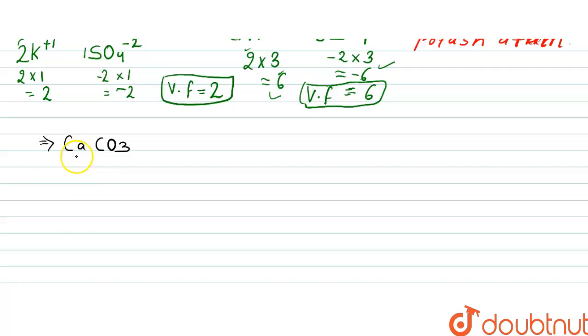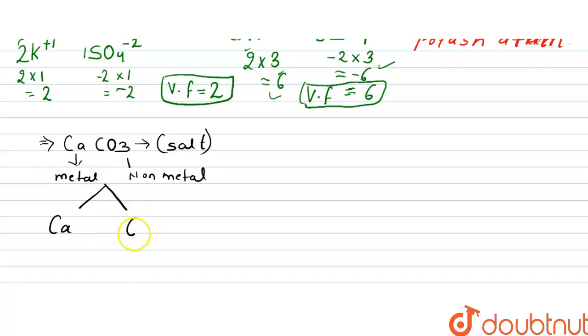First is the metal, calcium is the metal here, and the carbonate is the non-metal. This is basically an example of a salt. And now we will split calcium carbonate in the form of ions. That will be calcium plus carbonate.